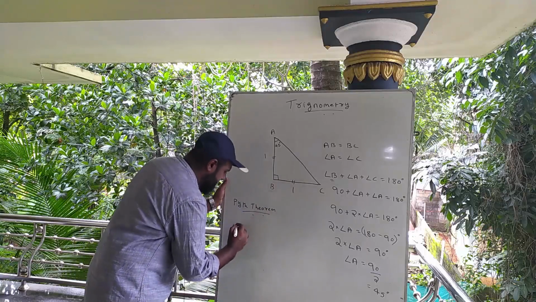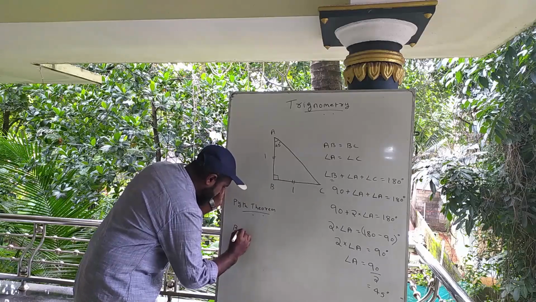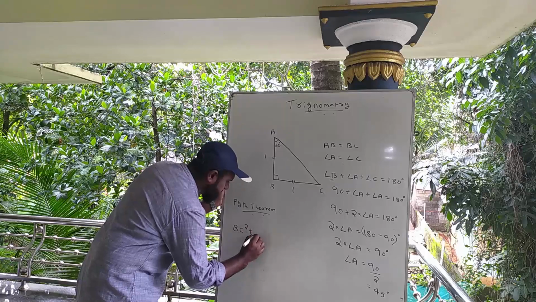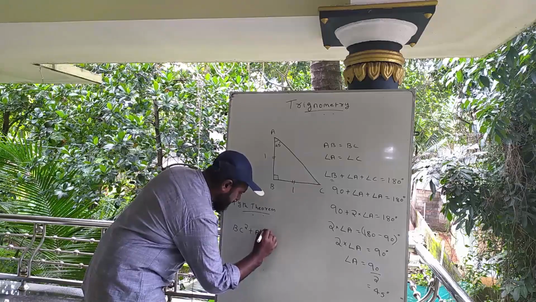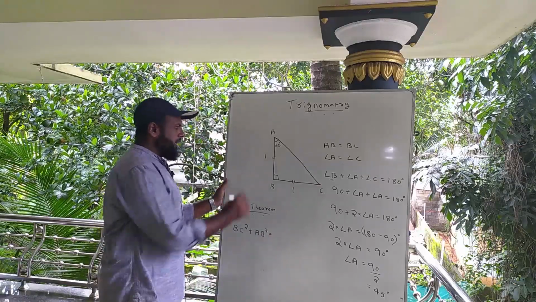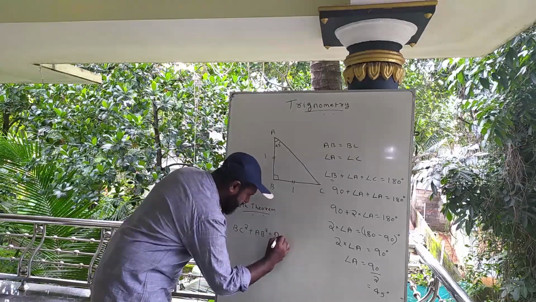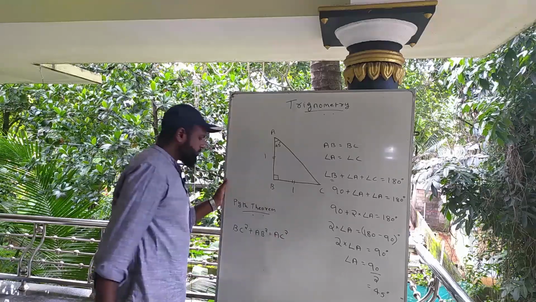Here the base is BC. So BC square plus AB square equal to AC square.